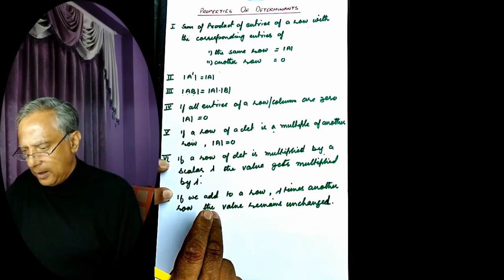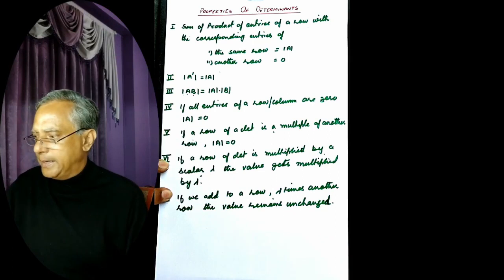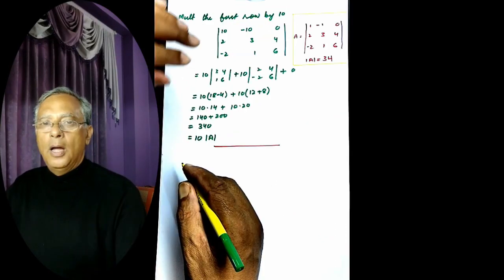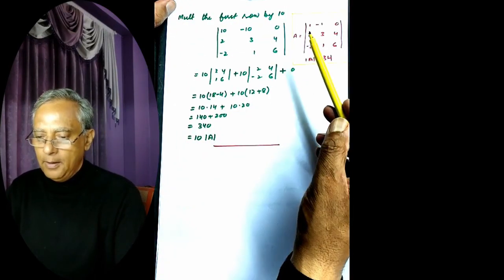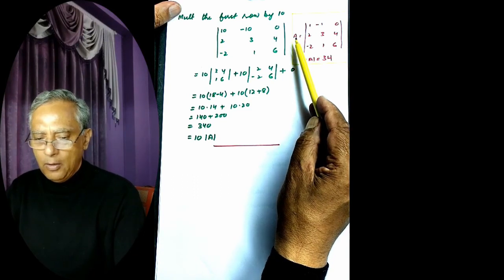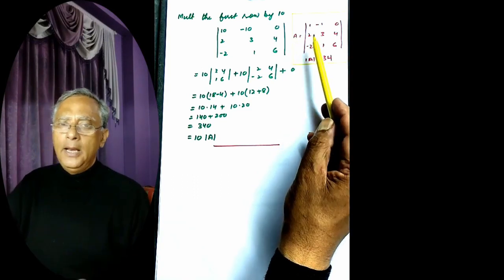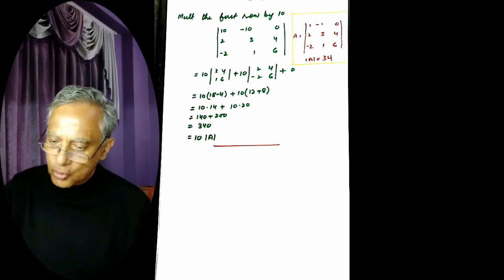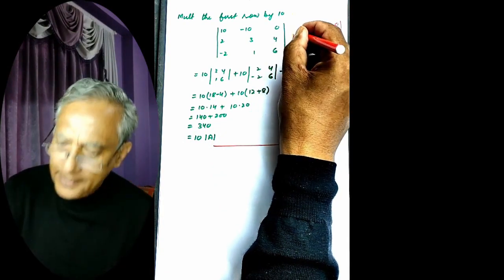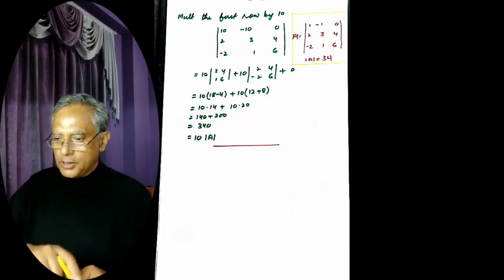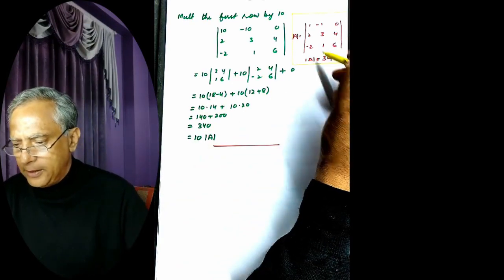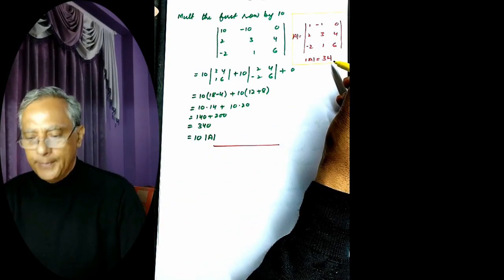I will illustrate it by taking an example. Again, I take up the same determinant which we took in the earlier illustrations. So what we see here is that this was the determinant and we had evaluated it; the value was 34.